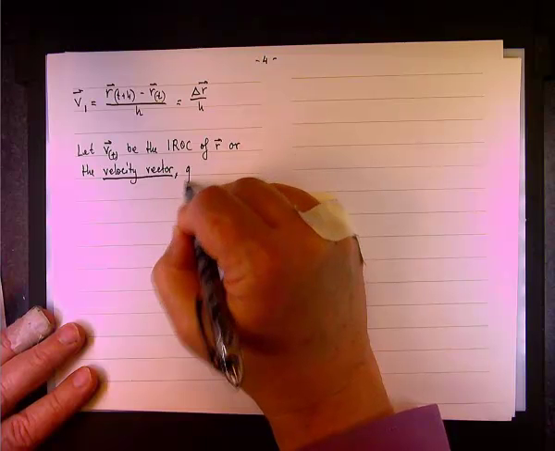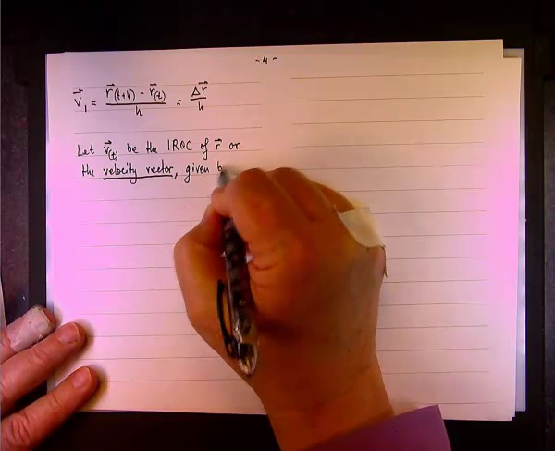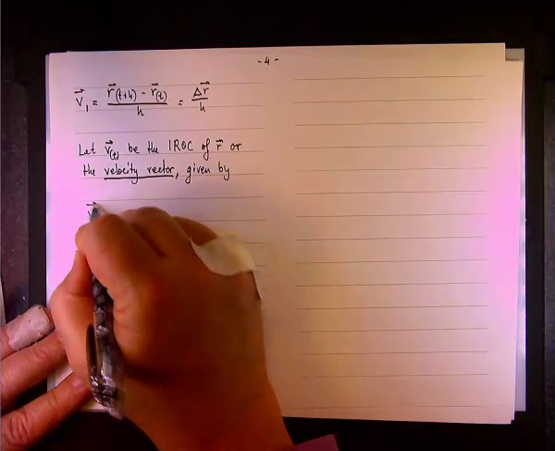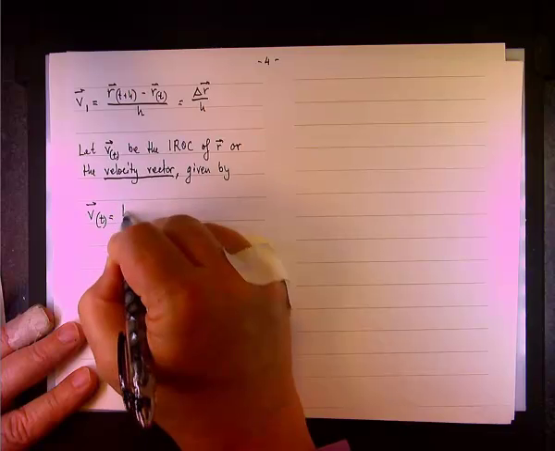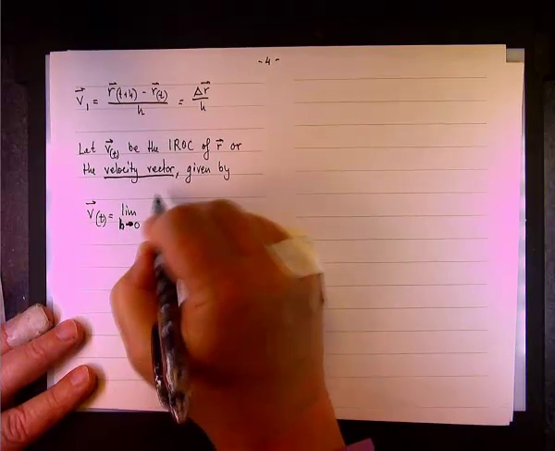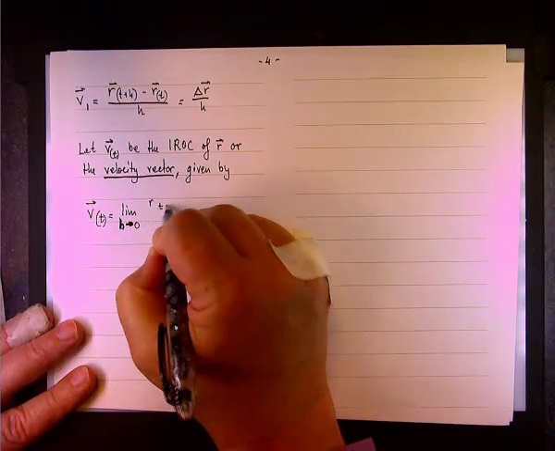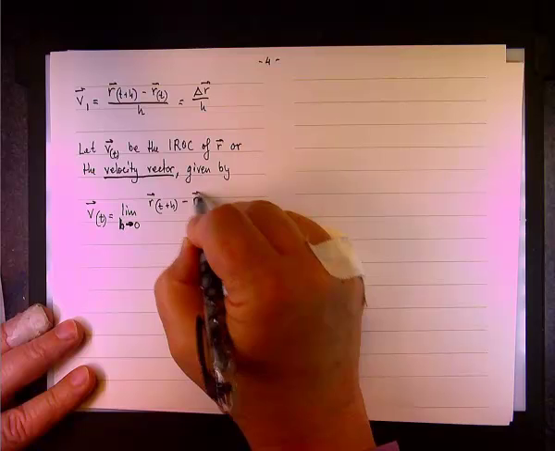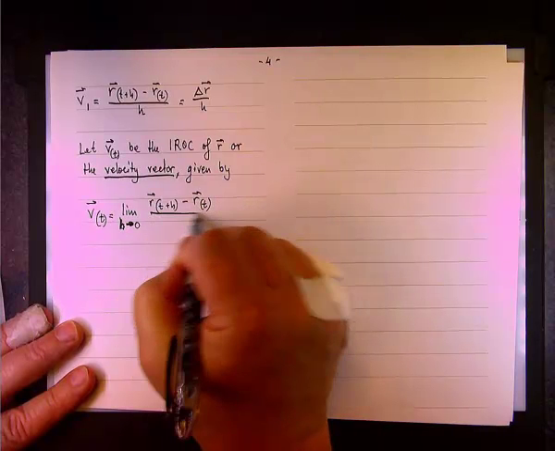So the point I'm making is all the theory that you learn in Calculus 1 will be given by the limit. Because we are talking about instantaneous rate of change, we're going to say that v of t will be the limit as h approaches 0, where the time interval approaches 0, of r of t plus h minus r of t, divided by h.